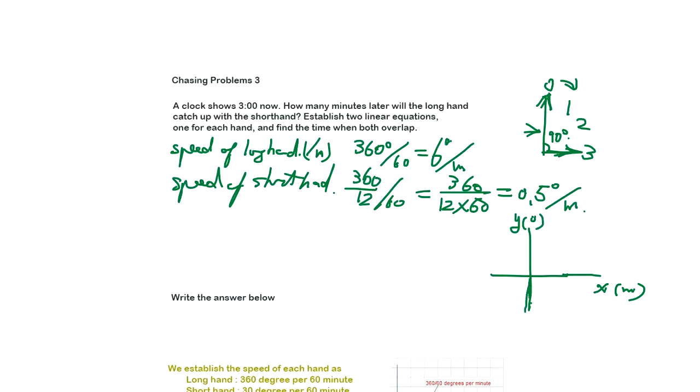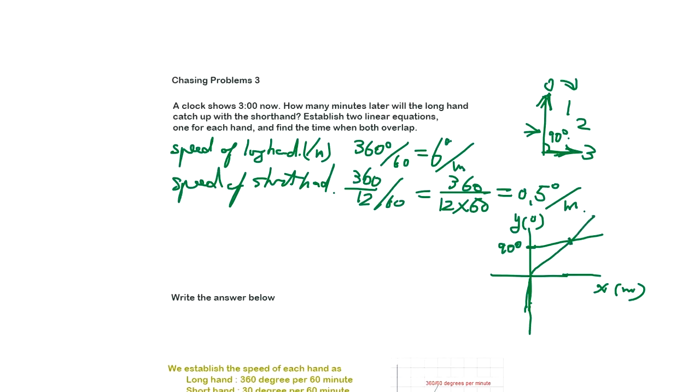Okay, so what happened is the short hand starts at 90 degrees from here. It had a handicap. The long hand starts from 0, catches up 90 degrees and they meet.